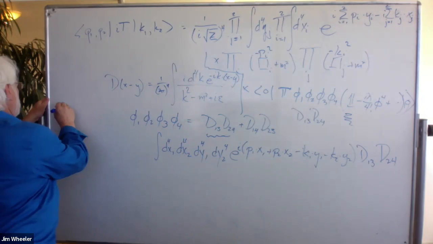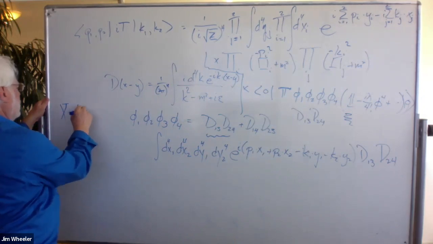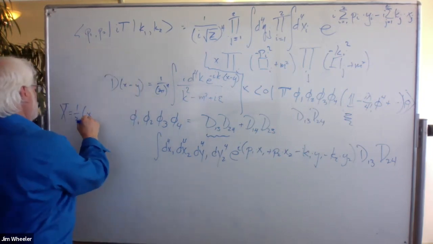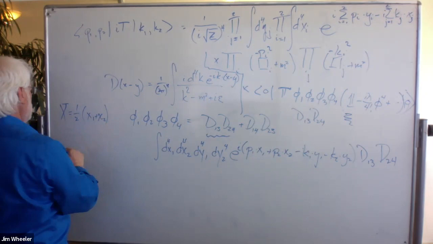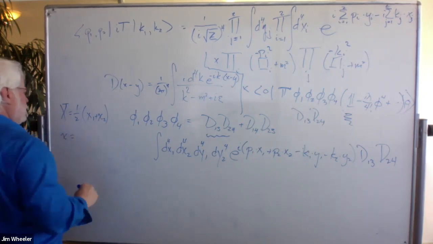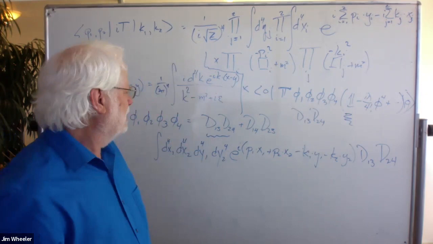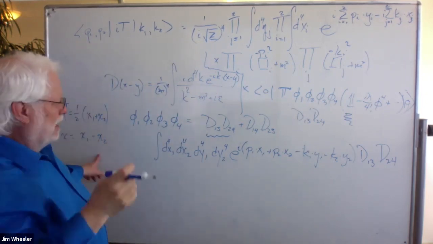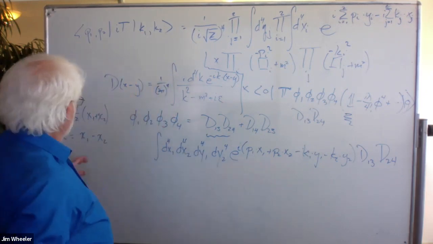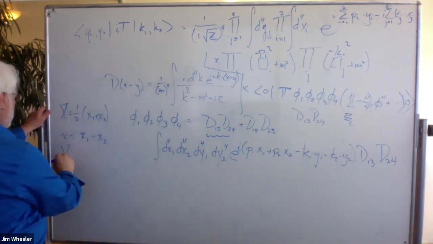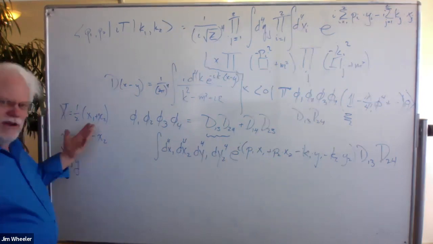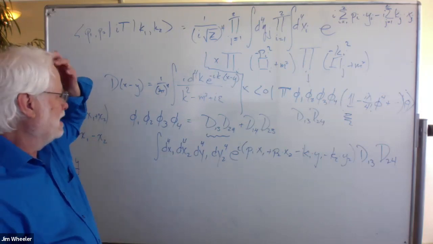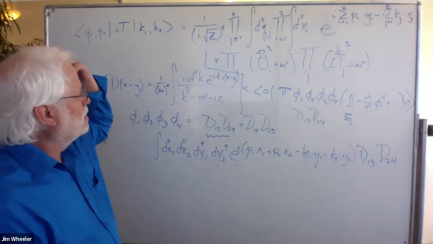So we're going to define capital X to be a half of x1 plus x2, and little x to be the difference coordinate, x1 minus x2. Okay, this is now for the outgoing particles, and we'll also have a capital Y and lowercase y defined in the same way. So we go to these coordinates, and these integrals aren't too bad.